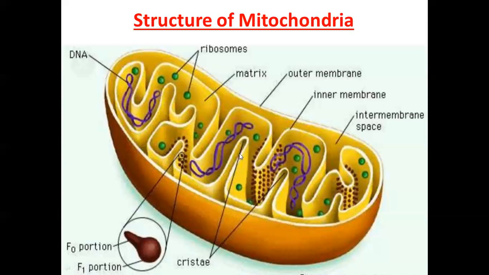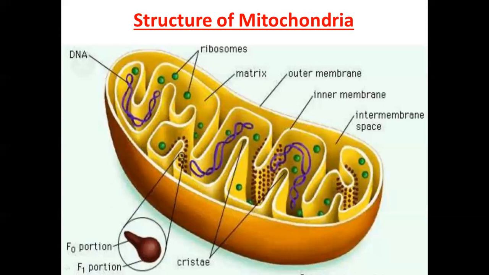The cristae are arranged in a characteristic pattern in different cells and bear ATP generating assemblies called oxysomes or F1 portion. So the cristae consist of this F1 portion or F1 particle. These are ATP generators. The full form of ATP is adenosine triphosphate, and they are the energy generating molecules.